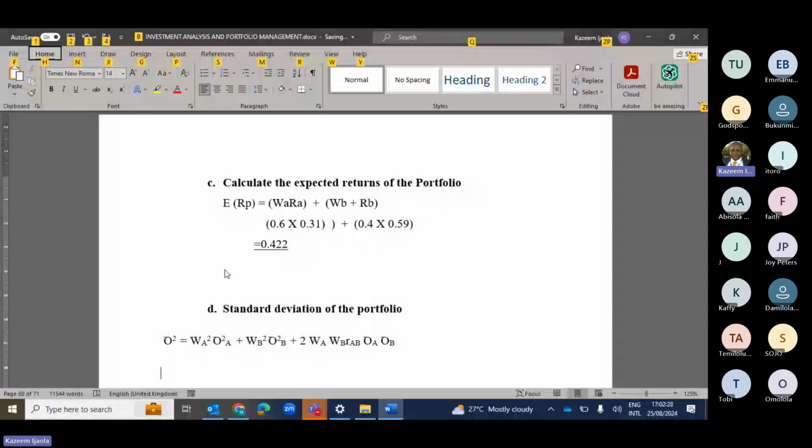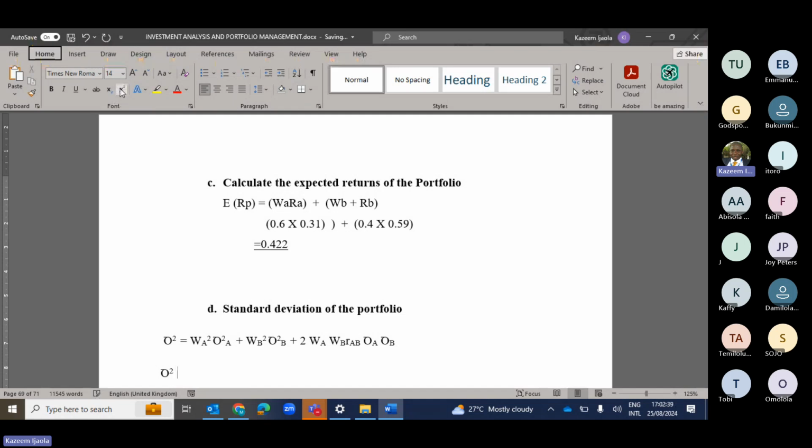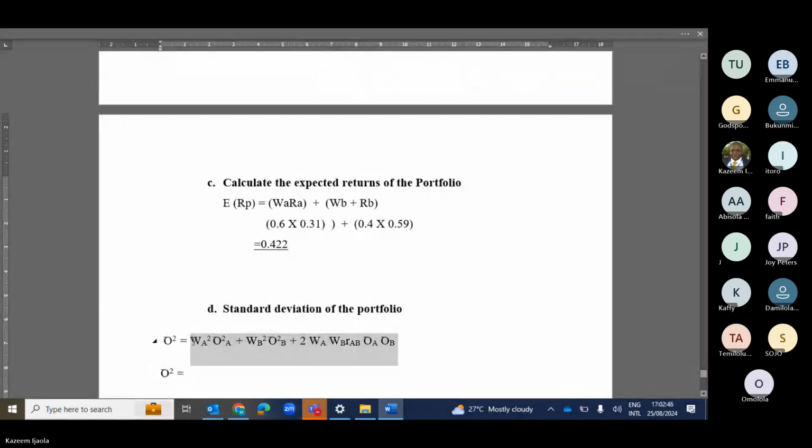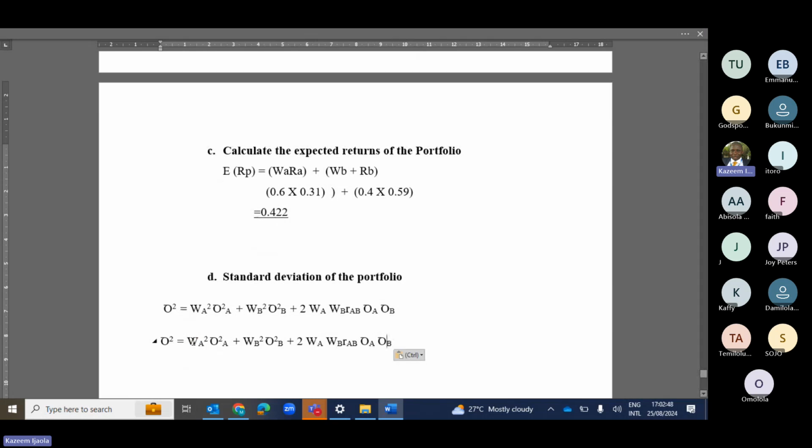So I'll say this is equal to, we know that the weight of A is 60%, Abby. It will be 0.6 squared. Then this one now, you don't need to square it again if you are going to pick your variance.